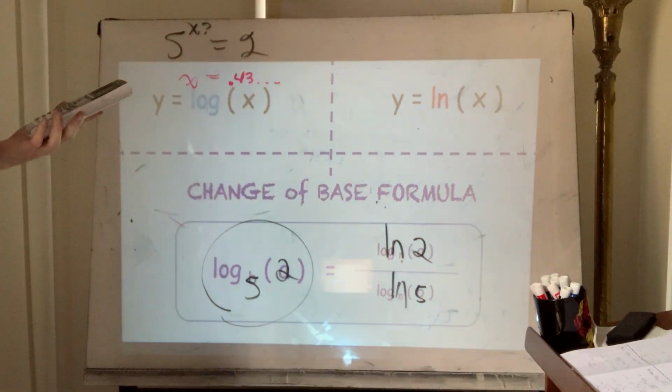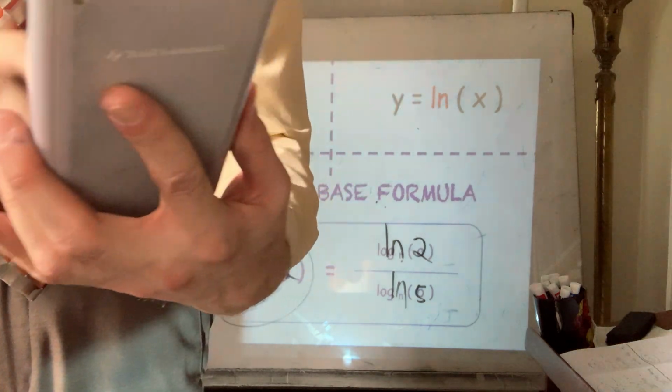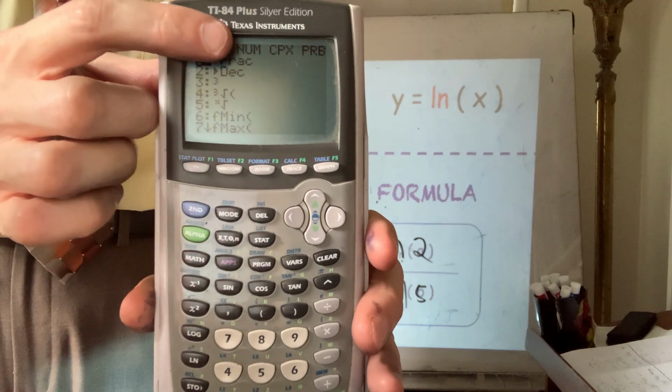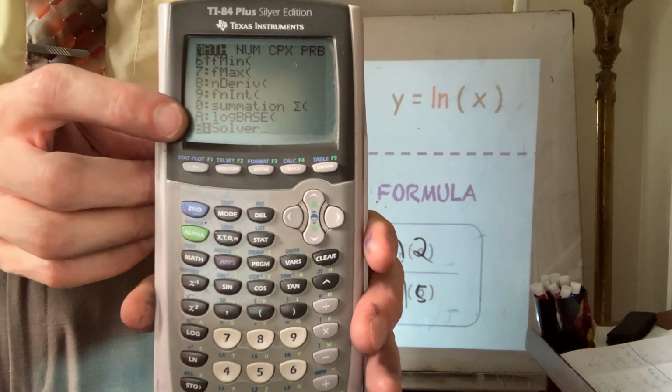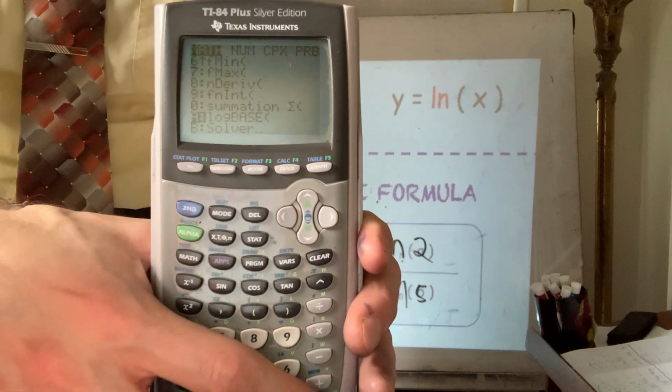That's cool. There is another way to get to it. If you go through the math button, and it's at the bottom of this list, you see log base again, it's the same function.